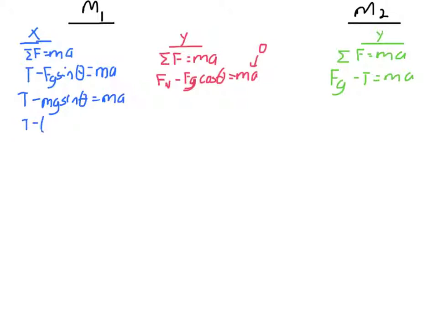T minus my mass, which is 2.5 kilograms for m1, 2.5, gravity 9.81, so just substituting in for g, sine, the angle of the ramp was 40 degrees, equals my mass again, 2.5 times A.